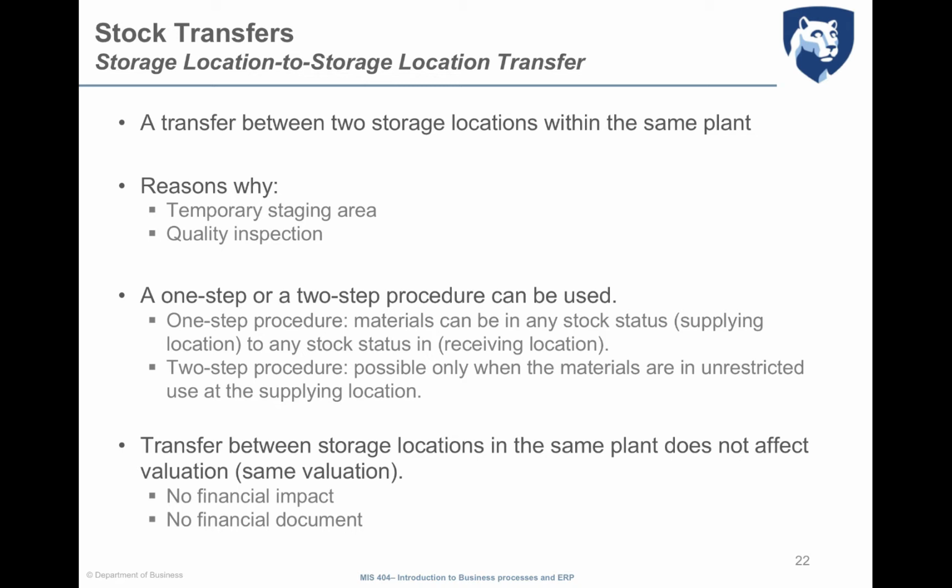The first one is storage location to storage location. So within the same company or within the same plant, we just change the storage location. There are several reasons for moving materials within the same plant.